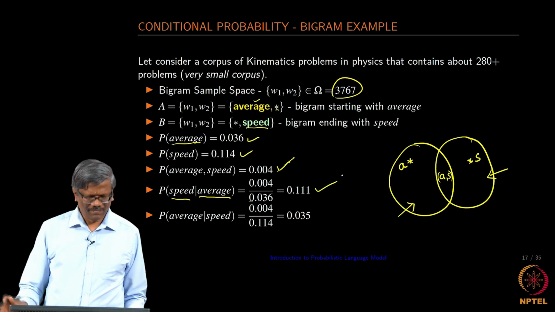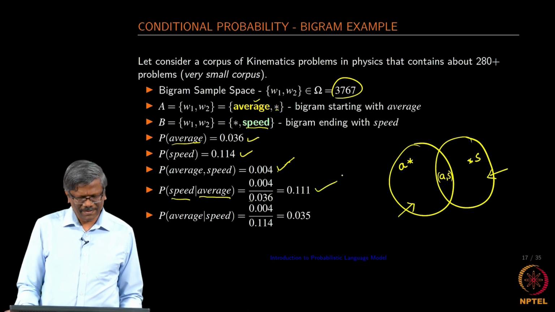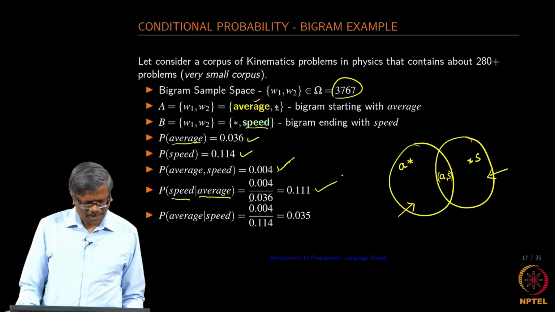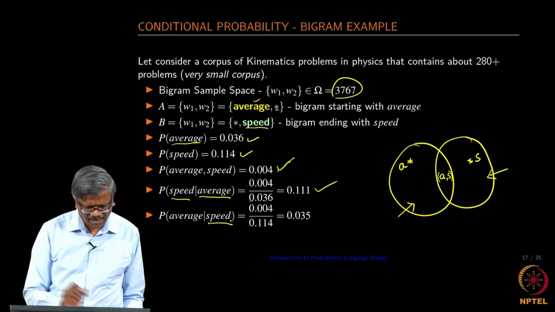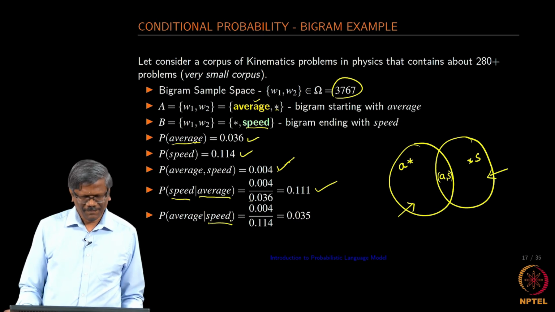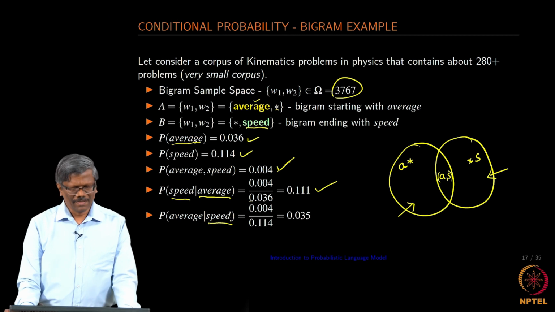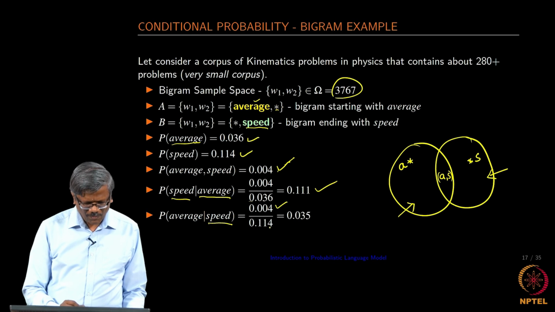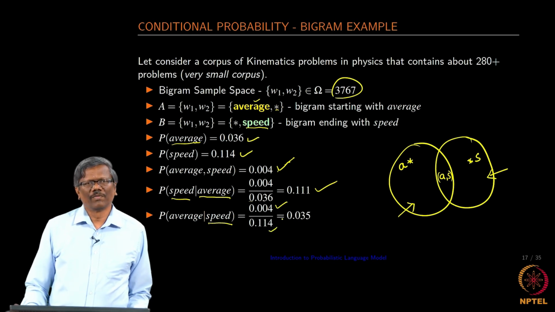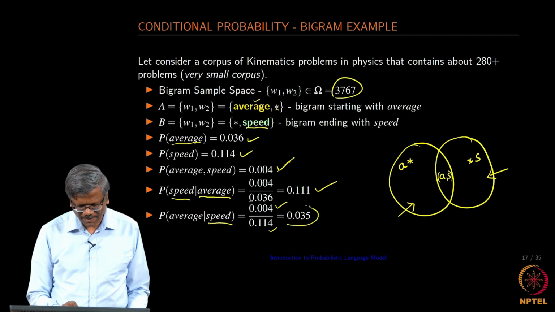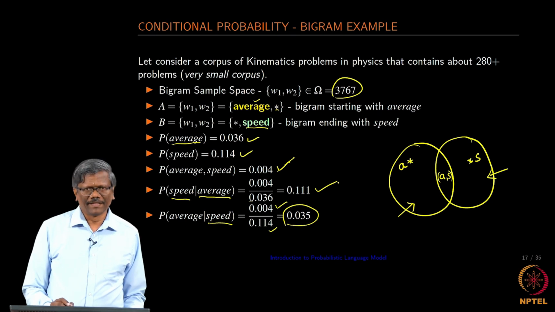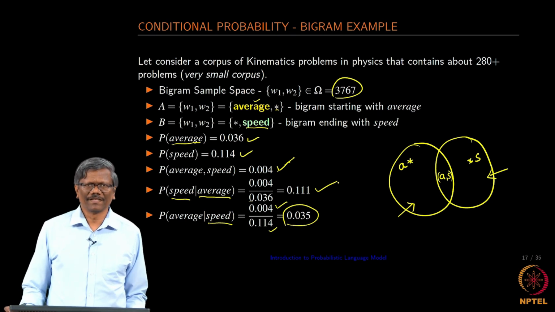So average speed has the probability of 0.111. Let us find out whether it is the same when speed occurs as the first word. Again we know the joint probability and the probability of speed, and if you look at the value, it is smaller. That means you will find more of average speed than speed average in the given document.